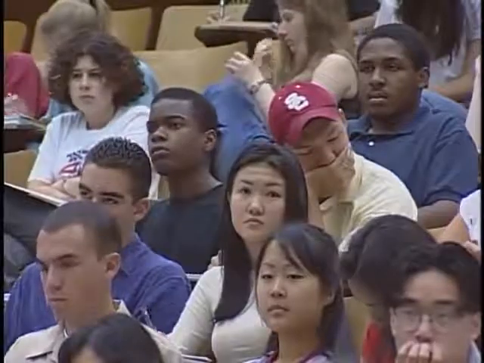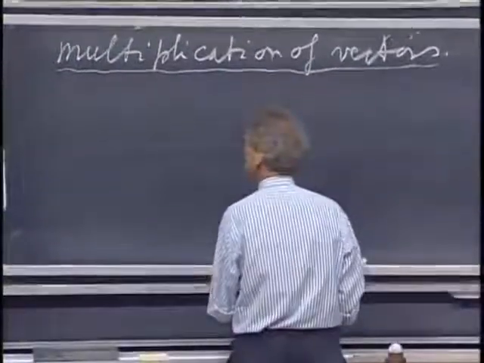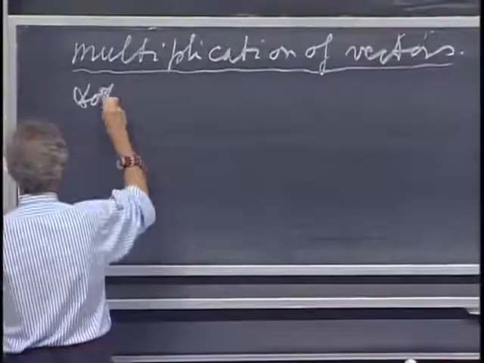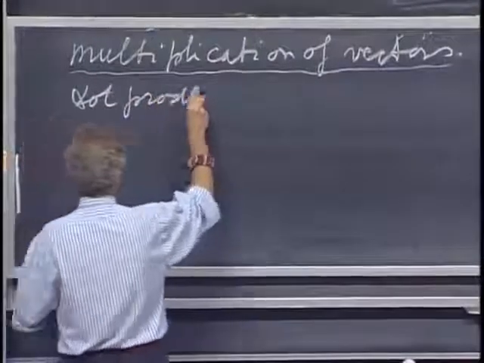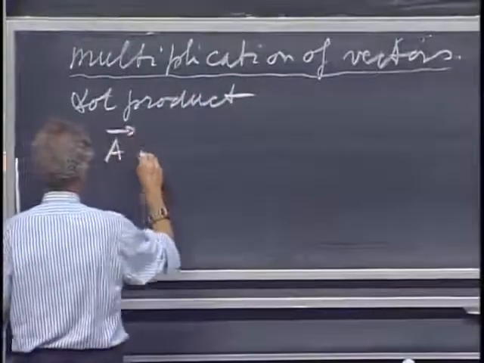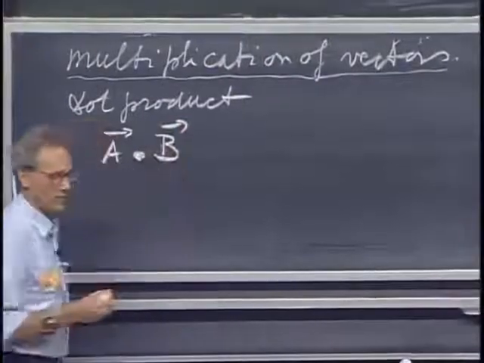So I'm going to talk about multiplication of vectors, something that will not come back until October and later in the course. There are 2 ways that we multiply vectors. One is called the dot product, often also called the scalar product. A dot B, a fat dot.